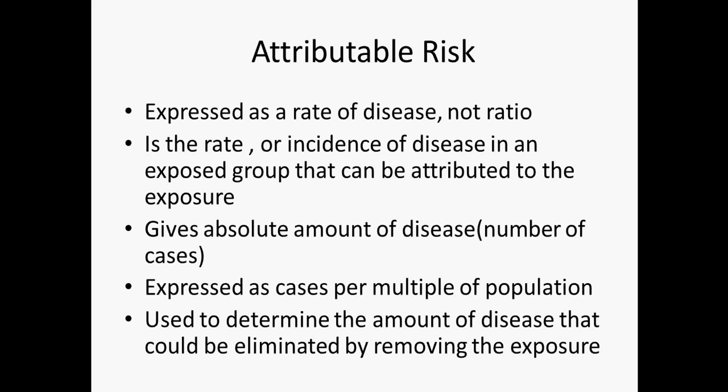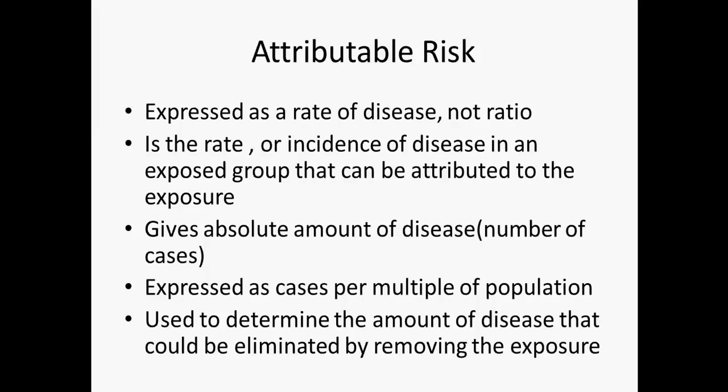Now, the usefulness of attributable risk is that we use it to determine the amount of disease that could be eliminated by removing the exposure, because we are looking at how much is the disease occurrence in the exposed group. We also look at what if we remove the exposure, how much of the disease can we prevent.